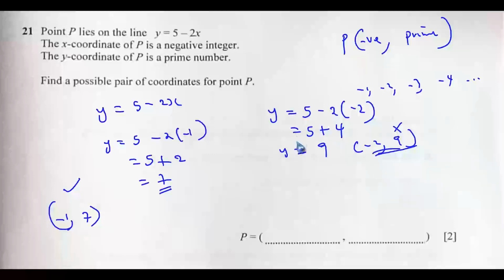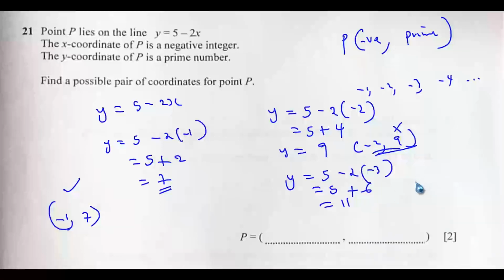You can try another one when it is 3. Let's say y equals 5 minus 2 into, so x is -3 now. This will give us 5 minus 2 times -3, that will be +6. If you add this together, you get 11.